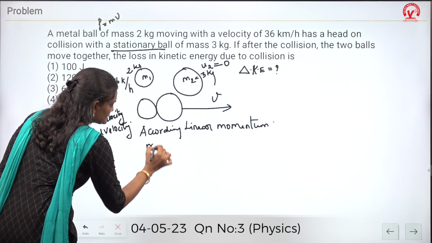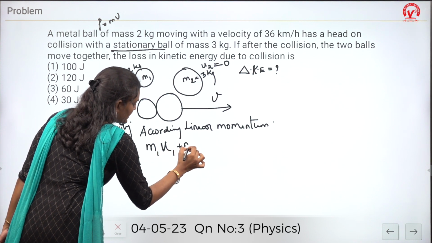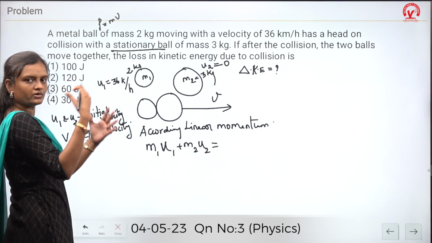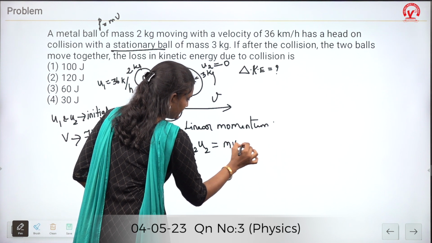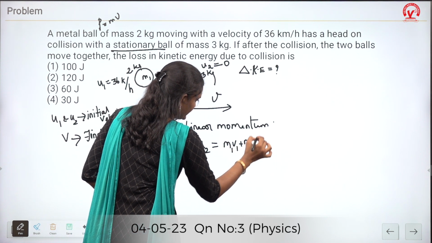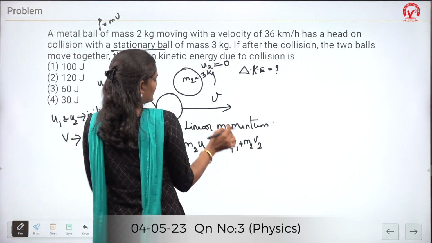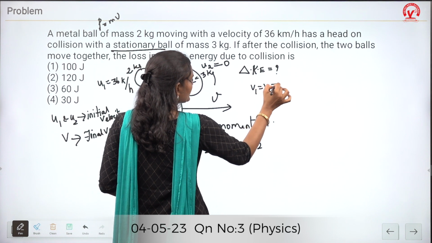So this can be written as M1 U1 plus M2 U2, initial, is equal to final, M1 V1 plus M2 V2. Now here V1, V2 is equal to V.